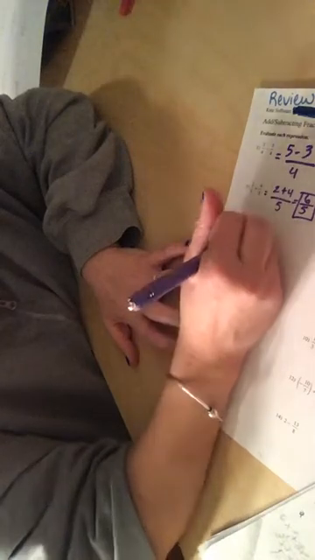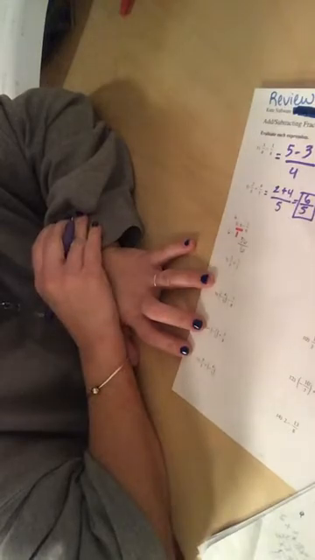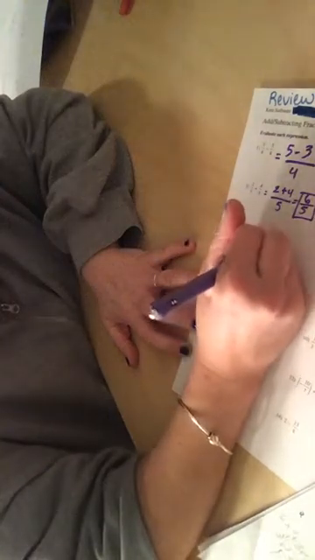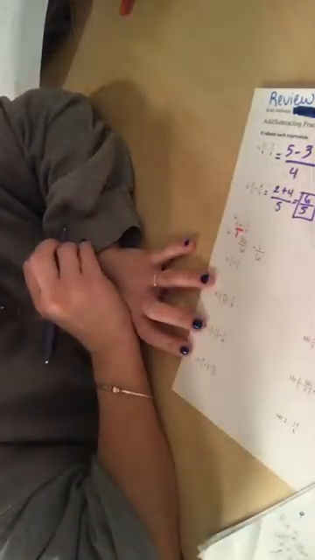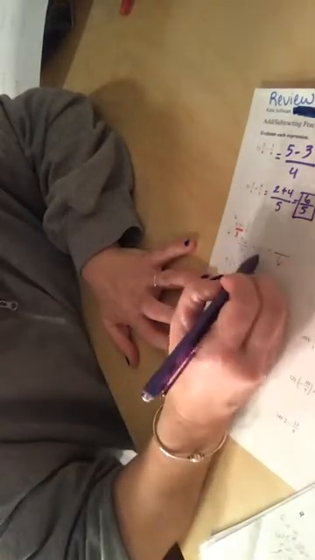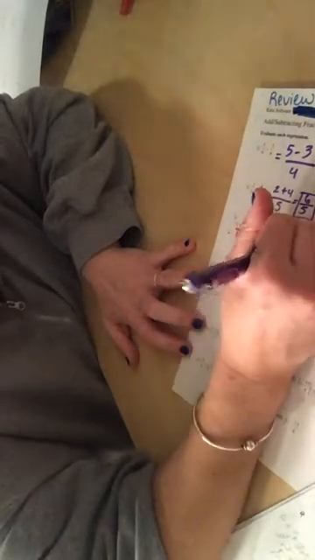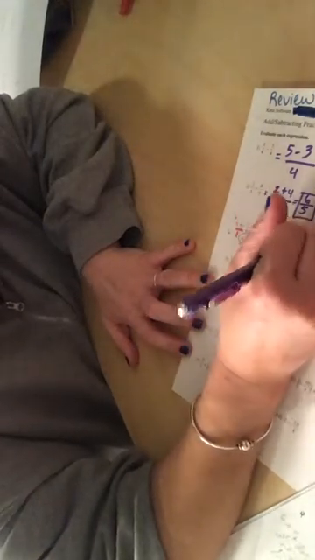So on the left, we'll have 6 times 6, which is 36 over 6, minus 1 over 6. Now that the denominators are the same, we have 36 minus 1, which is 35 over 6. So we can leave our answer in that form.